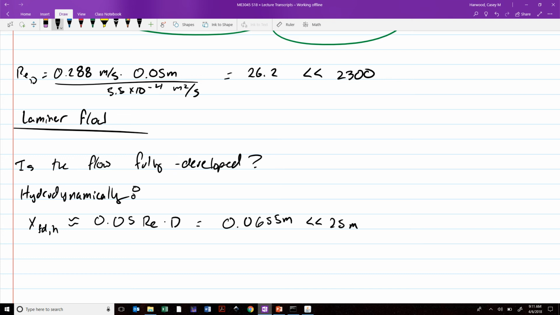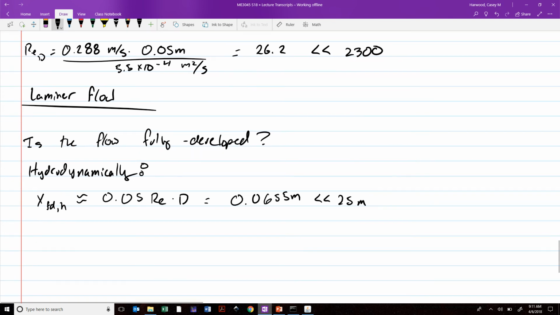So the idea here is, this is approximately 0.2% or something of the length of the pipe. We're talking about just a minuscule quantity of the pipe in the hydrodynamic entrance length.